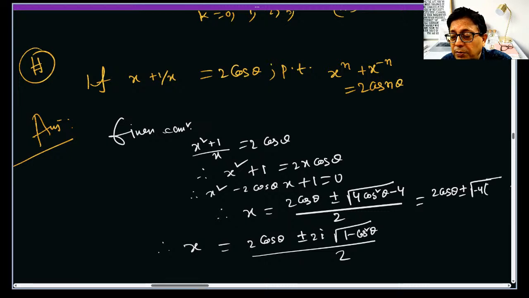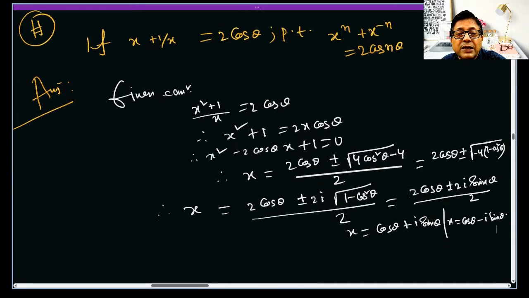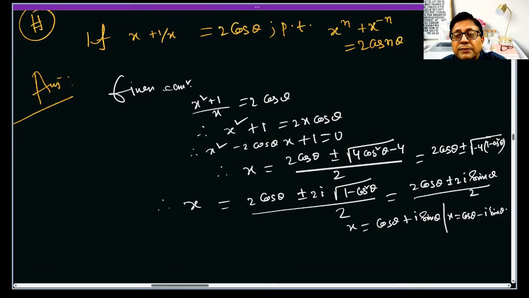Minus 4 you take common, it will be 1 minus cos square theta, so 2i comes out, and 1 minus cos square theta will be sin theta, that divided by 2. So x has a value cos theta plus i sin theta. X has another value cos theta minus i sin theta. Clear? So let us take any one of these.